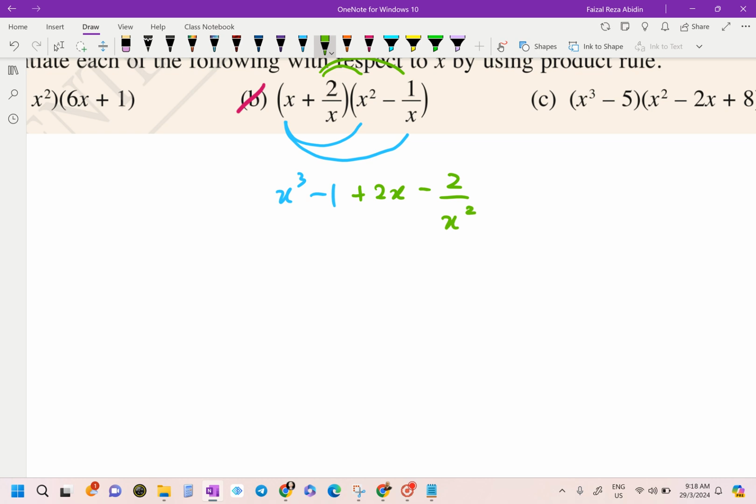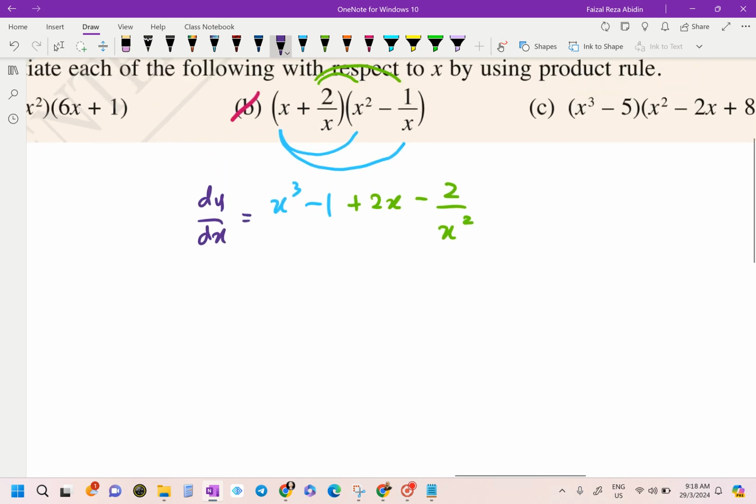So over here, if I'm going to do my differentiation, what happened? Wait. This one actually I cannot simplify. None. Right? 2x, negative 2 over x squared. So it's easier to do our differentiation over here.